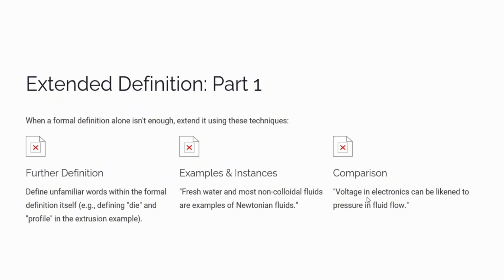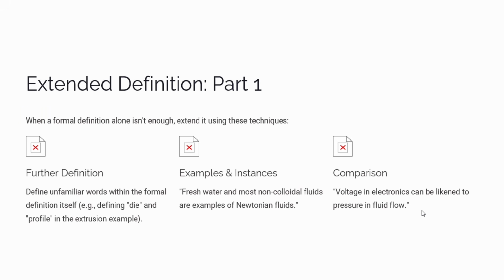Then comparison. Take for instance, voltage in electronics can be likened to pressure in fluid flow. So you are trying to explain fluid flow to an individual that understands voltage. So you are using what he knows to explain what he doesn't know.